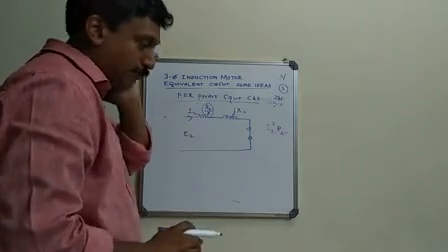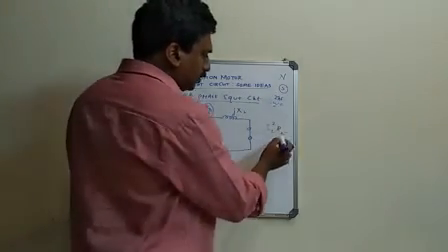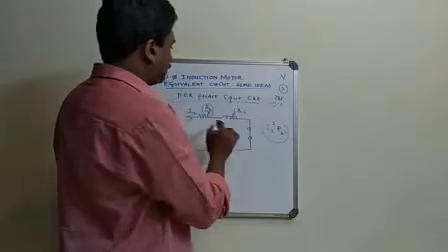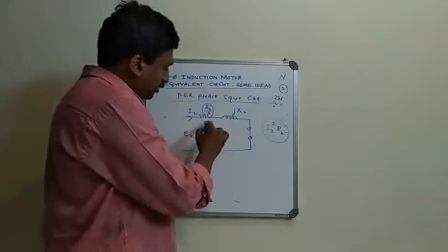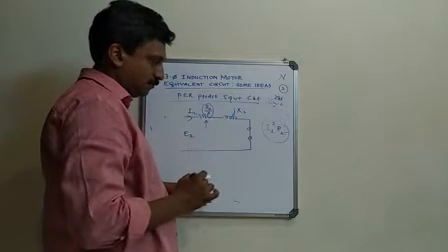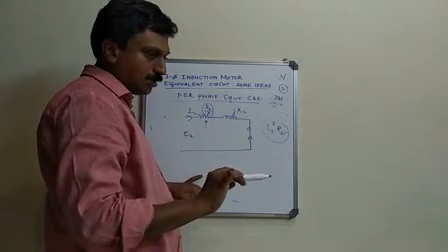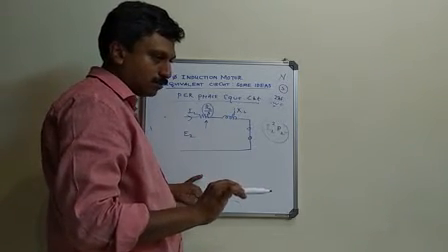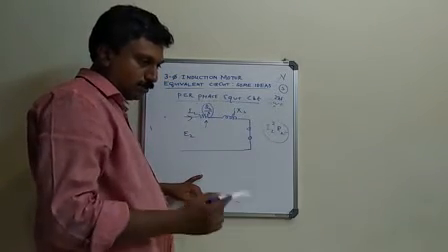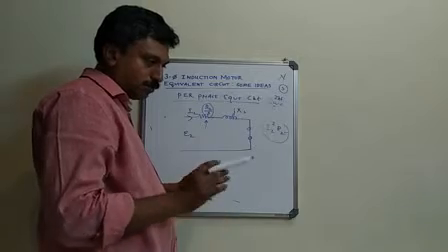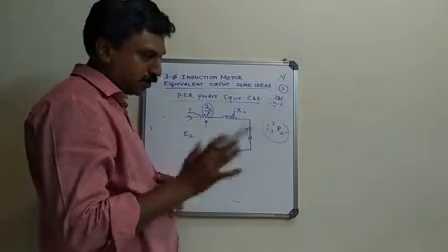rotor resistance per phase. Now this is hidden here. How? Because we see only R2 by S here. Doesn't mean that the rotor copper losses are not I2 square R2. Instead, it is something comprising rotor copper loss plus something.